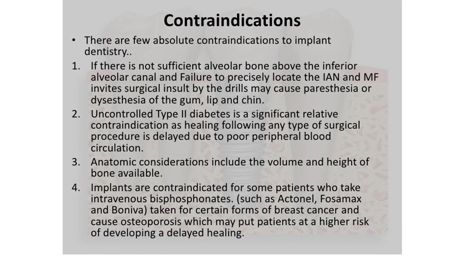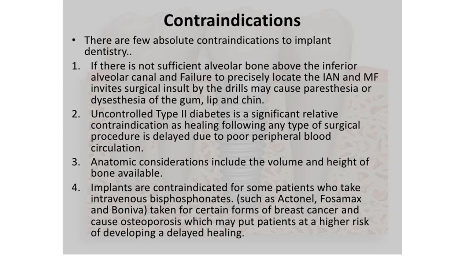Now, what are the contraindications? There are various contraindications to dental implants, but we'll just look at the basic ones. First, a few anatomical considerations, like if there is not sufficient alveolar bone above the inferior alveolar canal, and you are unable to locate the inferior alveolar nerve or the mandibular foramen.